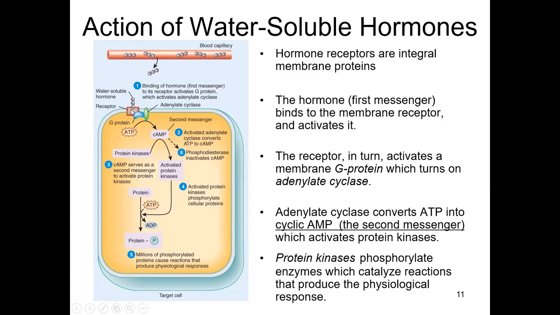Once the hormone binds to the receptor, a G protein will be activated. The G protein will turn on this factory called adenylate cyclase. This factory will be making this product called cyclic AMP, or cAMP.